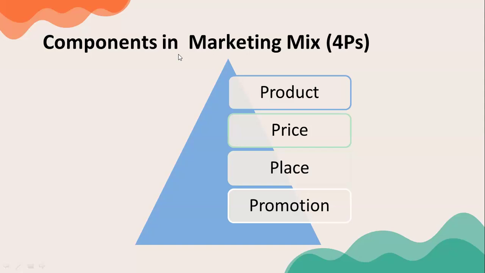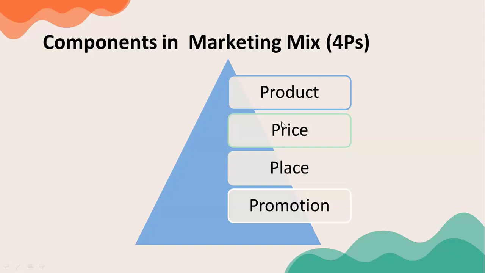For the product, it's not consumer, it's actually customer value, right? When the producer makes a product for the customer, it becomes a customer value. The product is a value to the customer. So we say customer value.